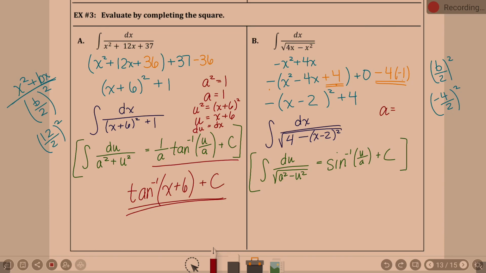What's U? x minus 2. x minus 2. What's my answer? Sine inverse of x minus 2 over 2. Yes. You got it. Hooray.